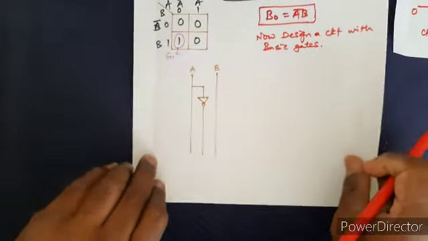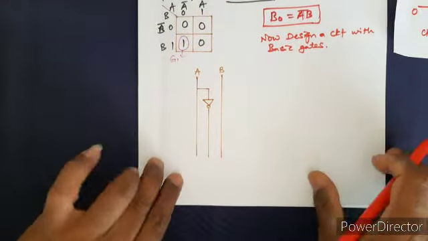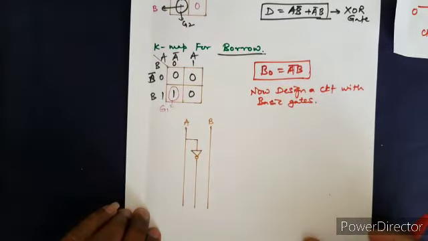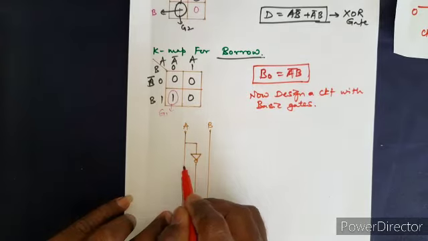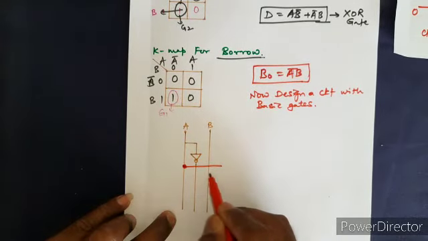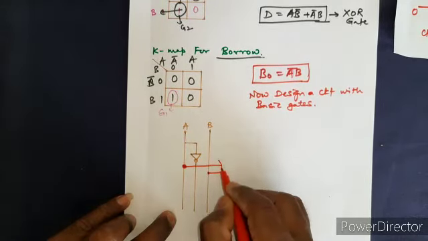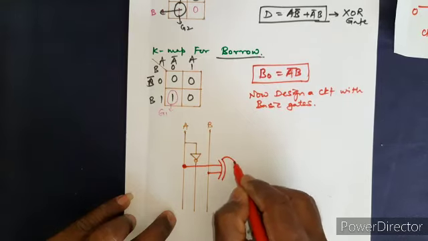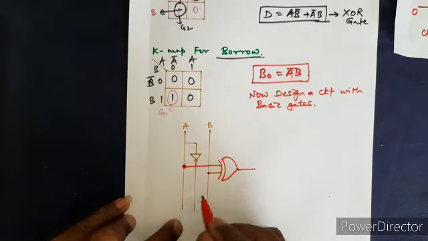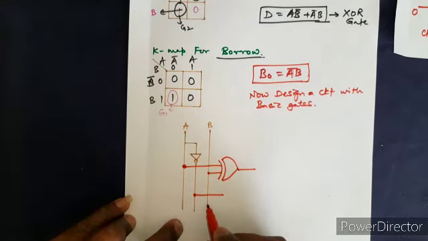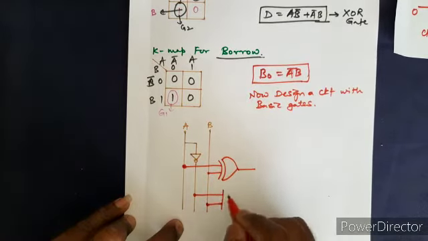Now if I want to draw this, let's consider first this difference. Since it is XOR gate, this becomes A XOR B, and for borrow it is A bar B. This is simply an AND gate.